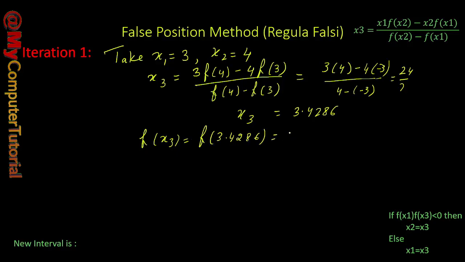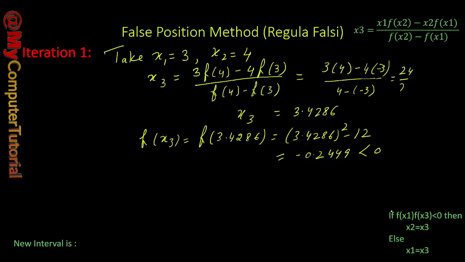And we need f of x3, that is f of 3.4286, which is 3.4286 square minus 12, and if you calculate it, it will be minus 0.2449, which is less than 0, means negative.